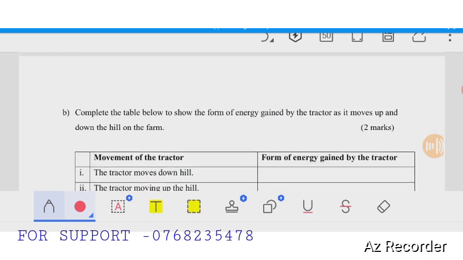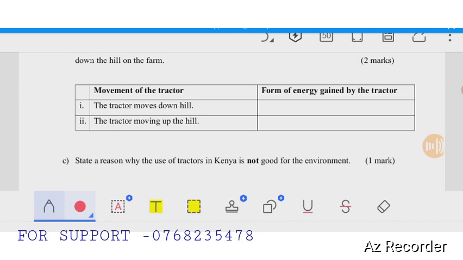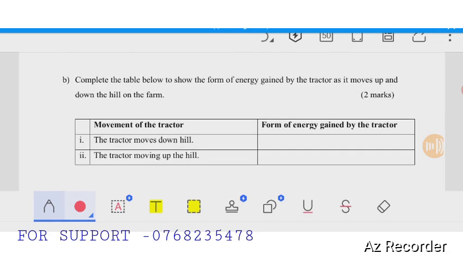The next question, which is the second last, says complete the table below to show the form of energy gained by the tractor as it moves up and down the hill. When it's moving down the hill, it is increasing its speed, so it is gaining kinetic energy, which is energy in motion.